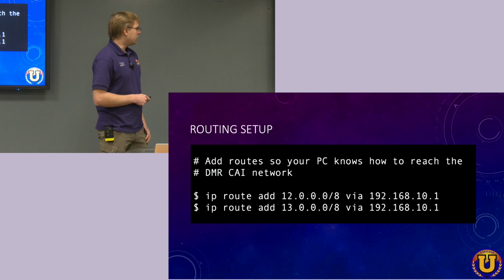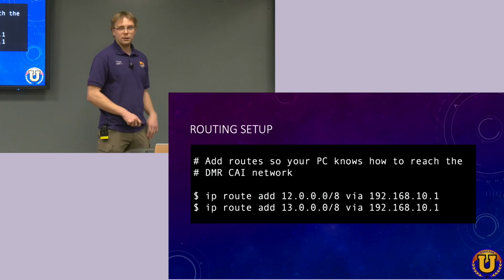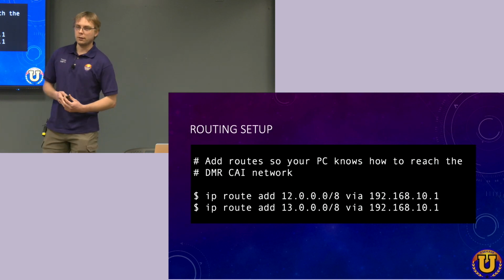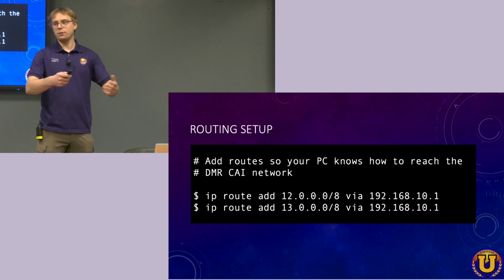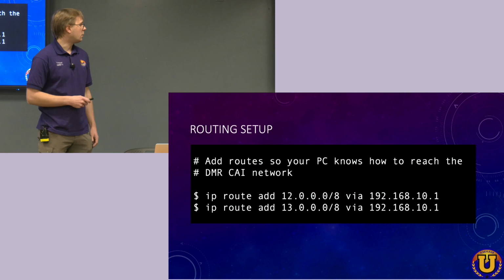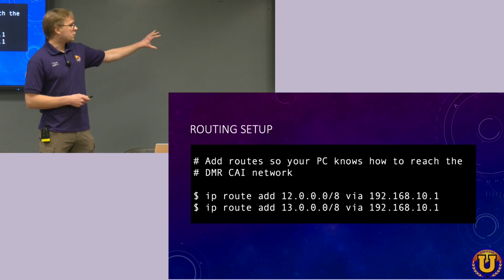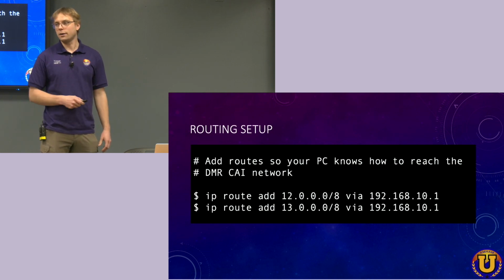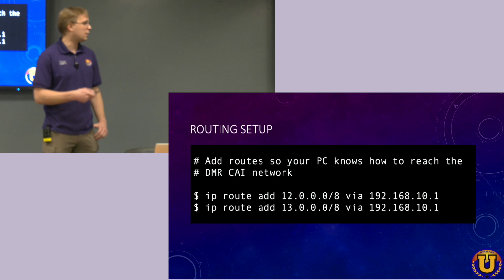Basically, just tell your computer 12/8, 13/8, send it to the radio. The radio knows what to do with that. It will basically forward those packets through the Common Air Interface out to the DMR network. But this is really important, otherwise your computer is going to have no idea what to do with a 12 dot IP address. Probably it's going to route it out your default gateway out to the internet, and then some AT&T customers are going to be getting it.